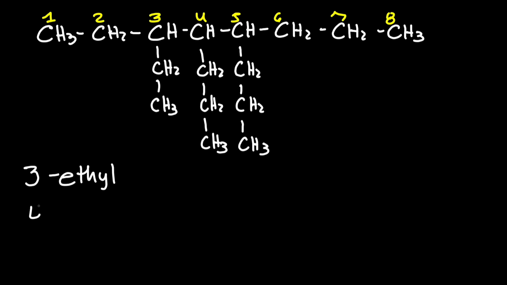For the 4th carbon, it has 3 carbon atoms. 3 carbon atoms corresponds to propyl. For the 5th carbon atom that has the substituent, it has 3 carbon atoms, which corresponds to propyl once again.